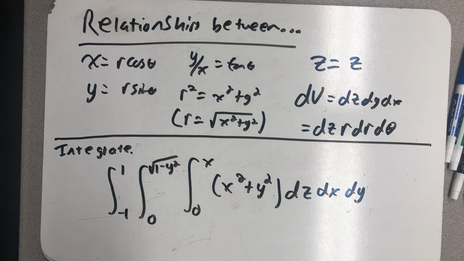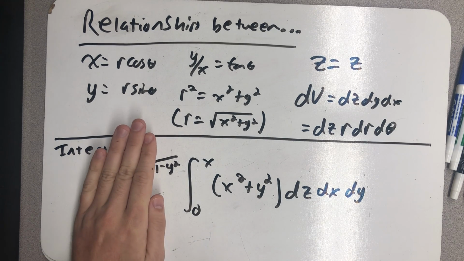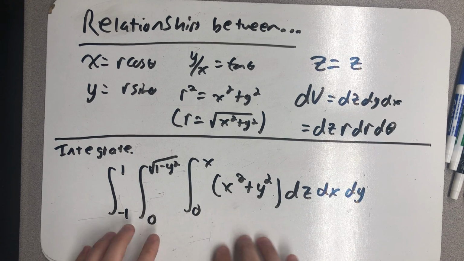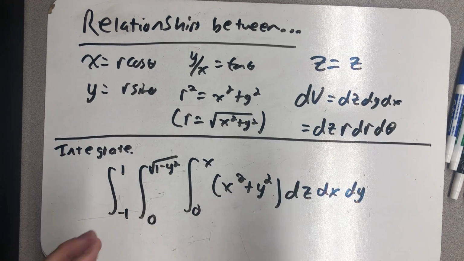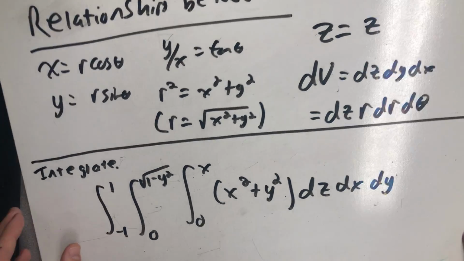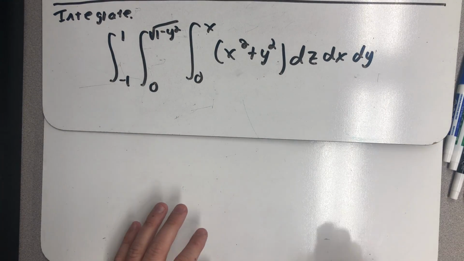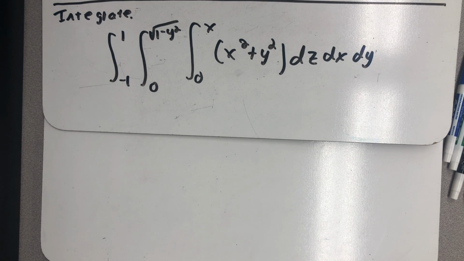We're still going to be drawing rays perpendicular to the axis of first integration through a region spanned by the previous two. So to change this from rectangular to cylindrical, I need to first understand the region in space. So I'm going to reimagine this triple integral in rectangular coordinates as a triple integral in cylindrical coordinates.